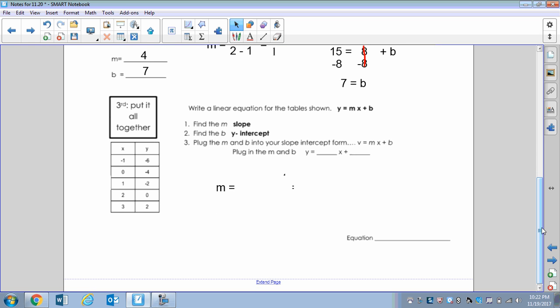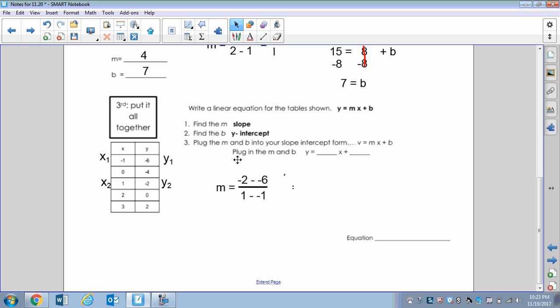So looking here, we're going to try and put it all together, and we're going to write our linear equation for the table shown. So we want to end up with y equals mx plus b. And our first step is going to be to find our slope. So we need an x1 and a y1, an x2 and a y2. And I just chose random points here just to again show you that it doesn't matter which points I use to find the slope.